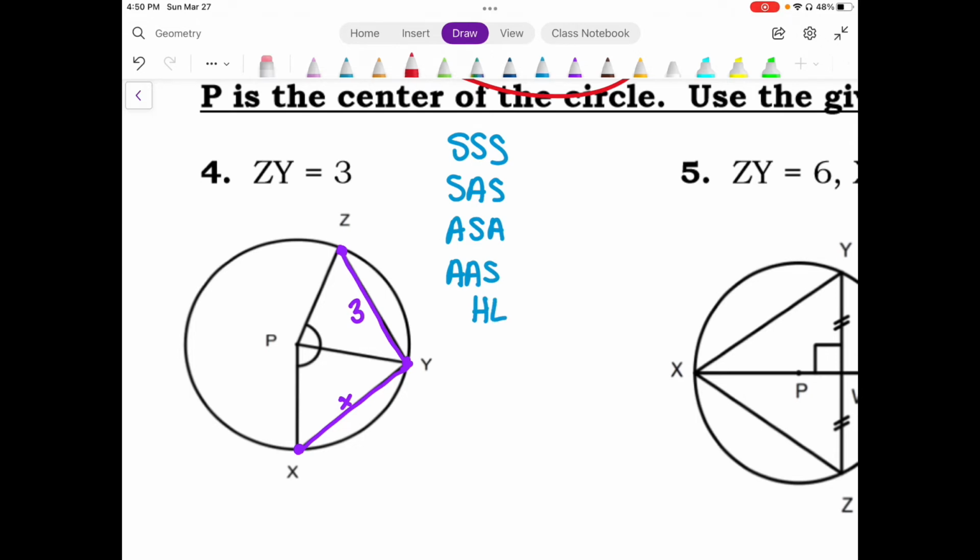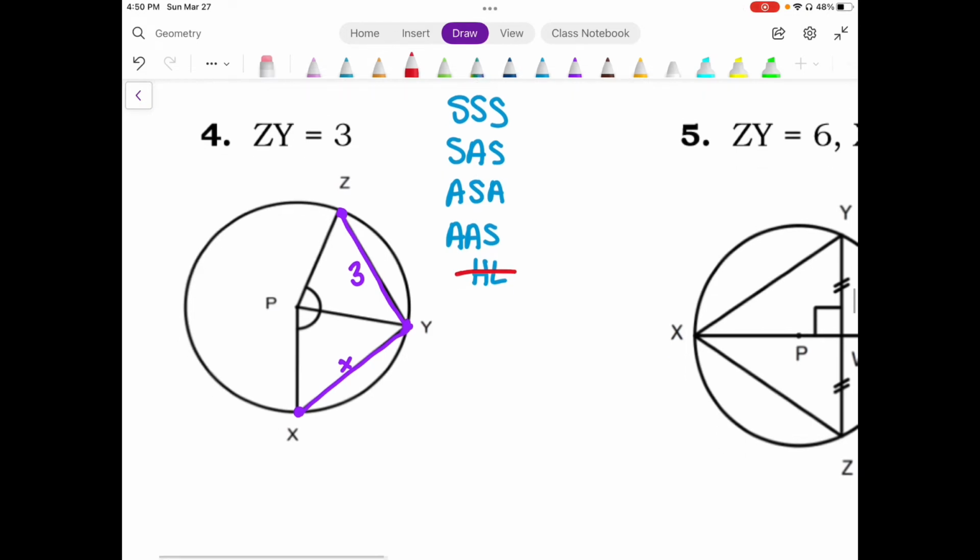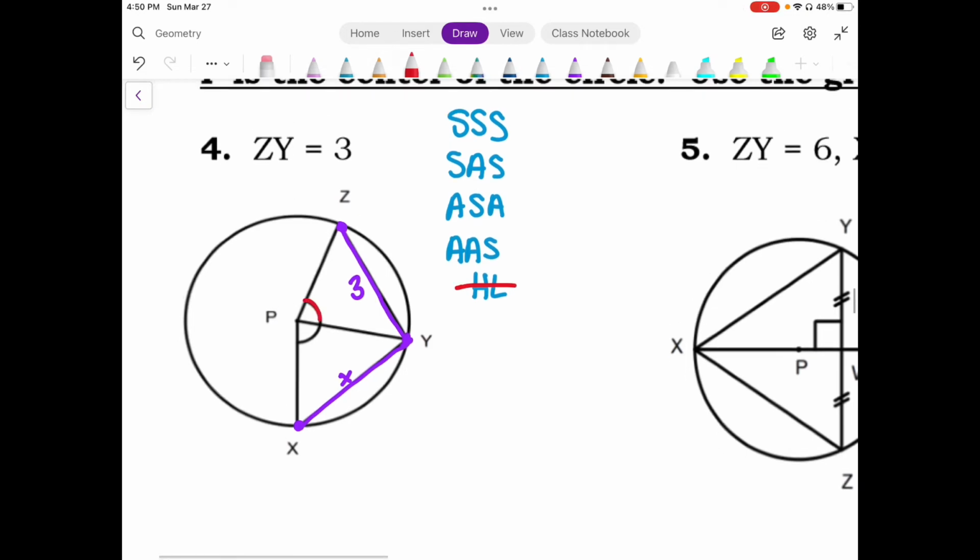Now, HL is not going to really apply in this example because we need a right angle, which we do not have, so it's going to be one of those 4. Well, I already know that this angle in those two triangles is the same. It is marked that they are the same, so they are the same.